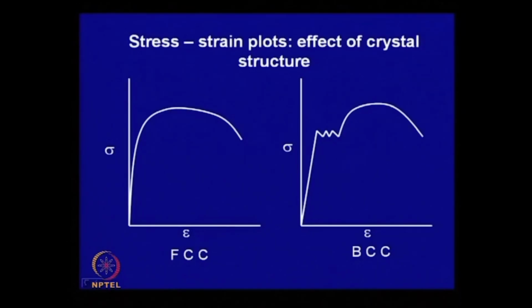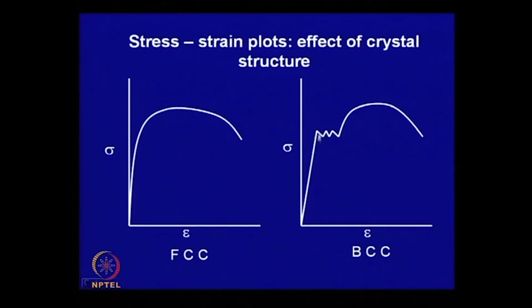It is an alloy of iron and carbon. Even in the purest form of iron, there will be some impurity dissolved in it, occupying the interstitial sites, and that is why we get a characteristic stress strain plot, which is shown over here.